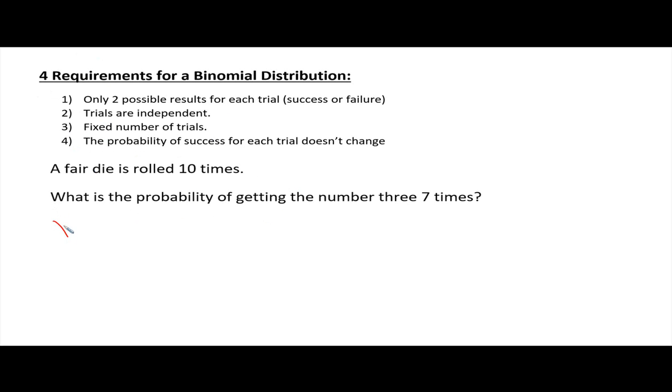If we define X, in this case, X is getting the number 3 when we roll the die. So that's our definition for X. And we're trying to find the probability of getting 3 seven times. So what's the probability X will equal 7?